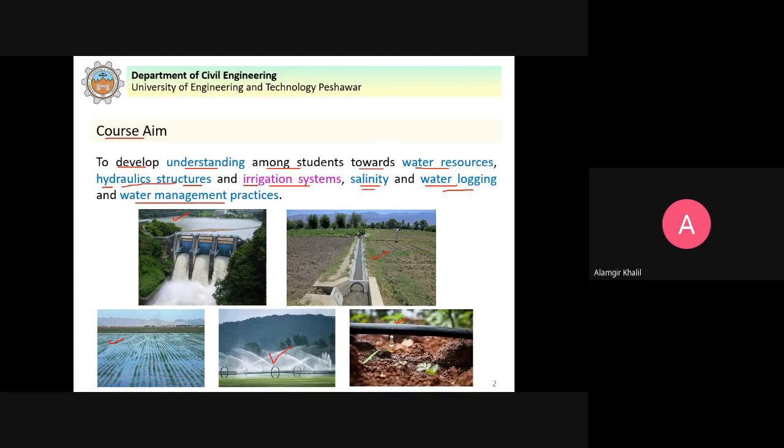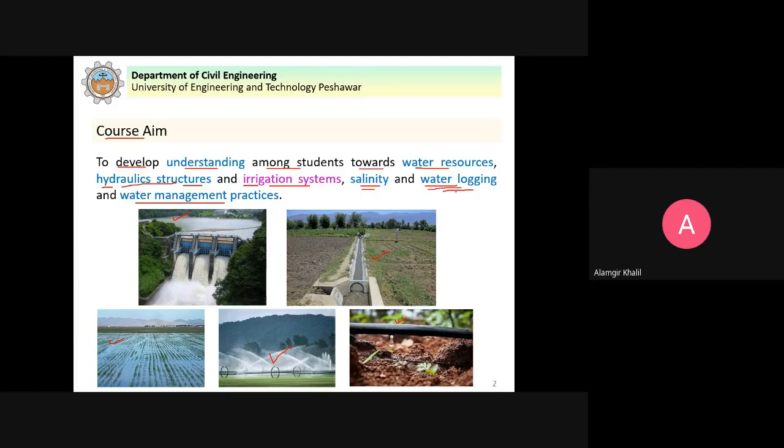But if the same plants are standing in the water for a longer time, which is not desirable, the same plants can die. This phenomenon is known as water logging.